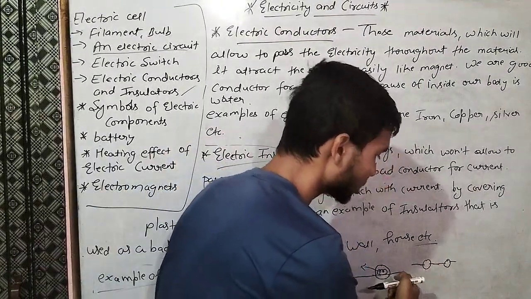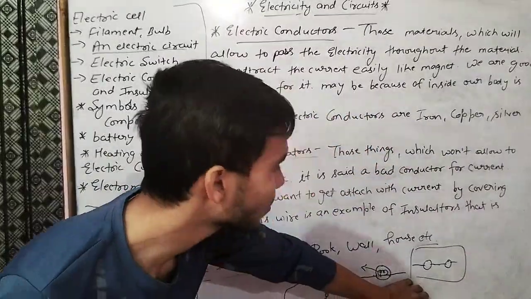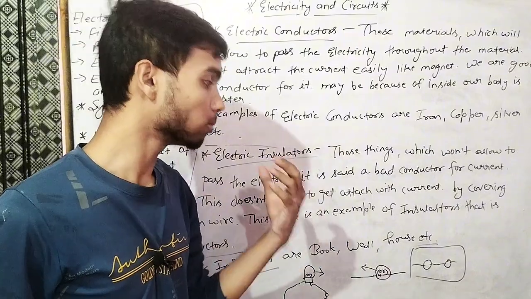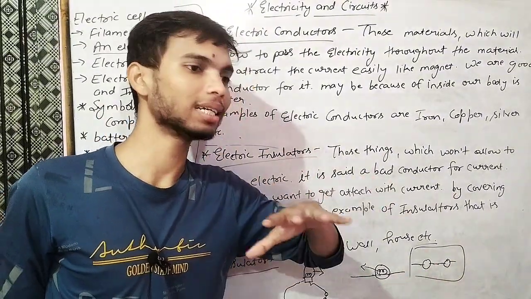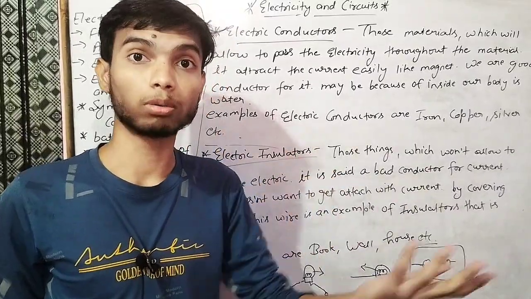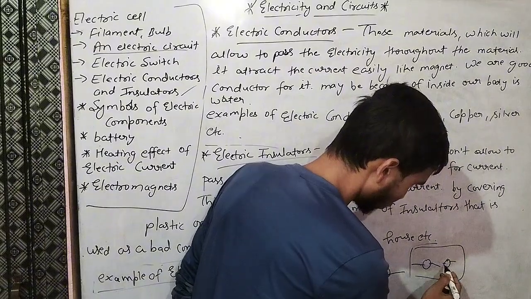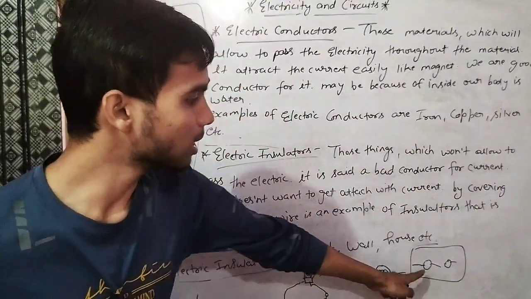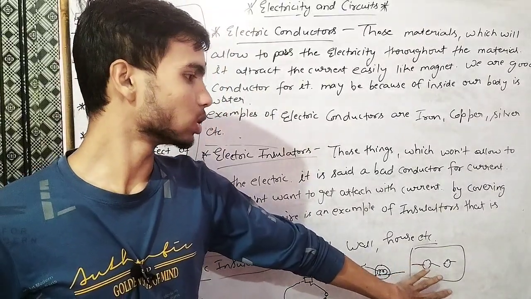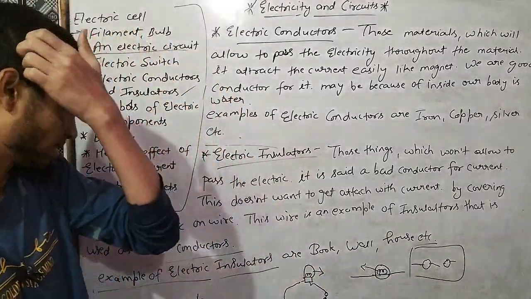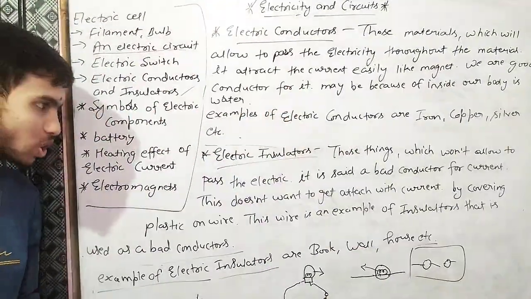This electric switch is in on position. That's why it is said this will indicate switch on. Clear? Whereas we see a broken wire like this. This is the symbol to represent switch off.